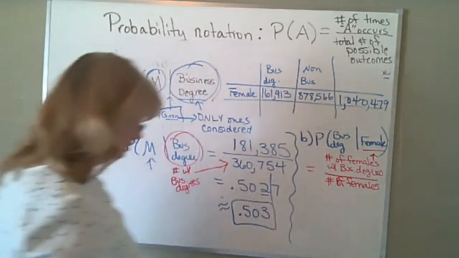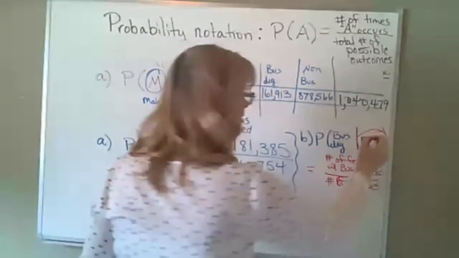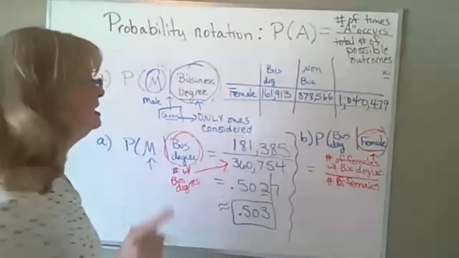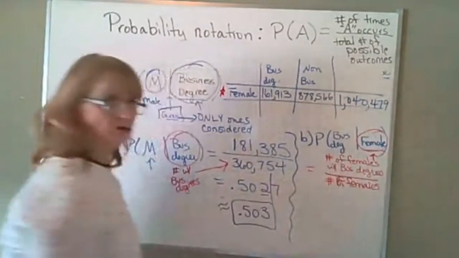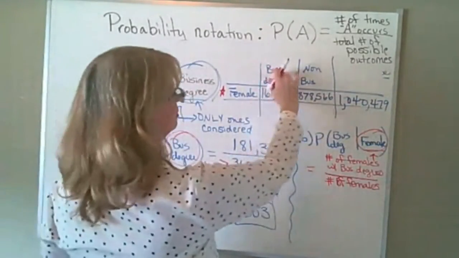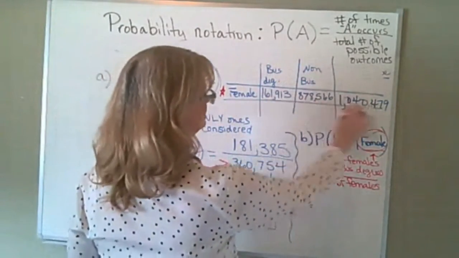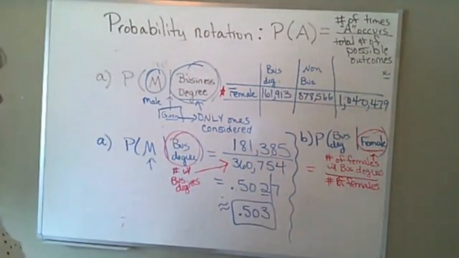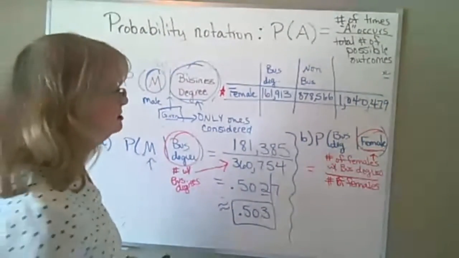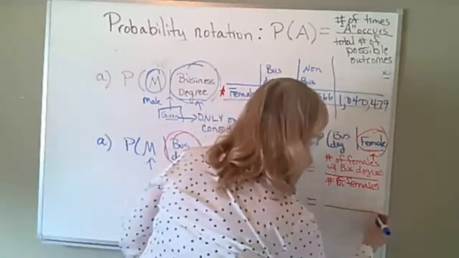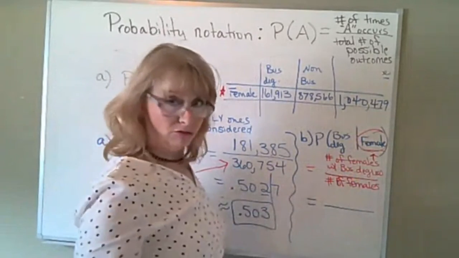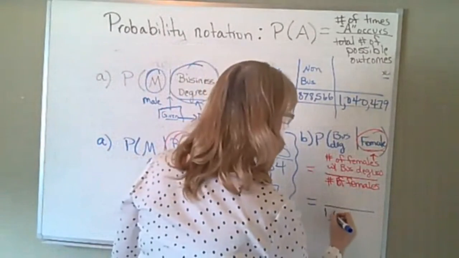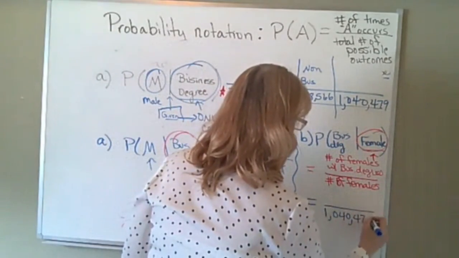Now, because my condition is this is the condition. That's the thing I know has already happened. That means I'm only looking at females, and all the females are on this row. These are females with business degrees, females with non-business degrees, and those two added together would give you that total for total females. So that's the only row I need to answer this question. My total number of females, because that's my condition, my given, my already happened, is 1,040,479.